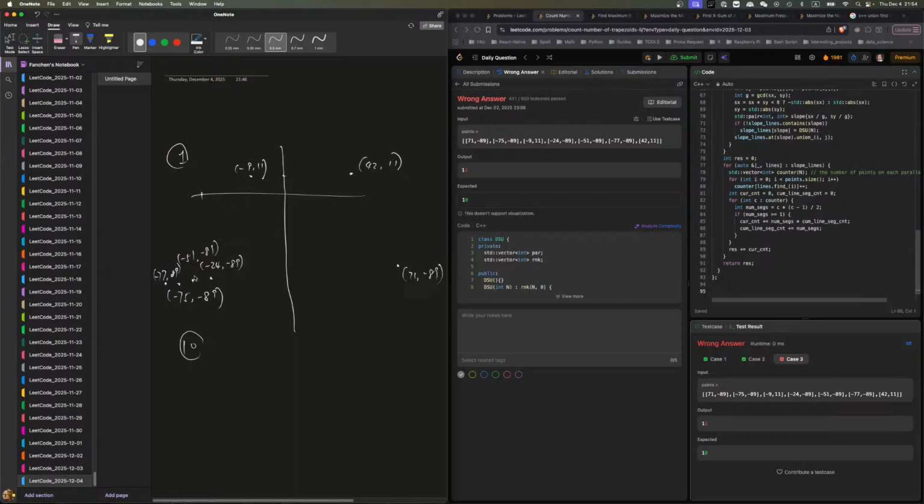Minus 9, 59. This is 42 and then 24. What's the difference between the two? 66. Do we have 66? Yes, we do. This and this is 66.